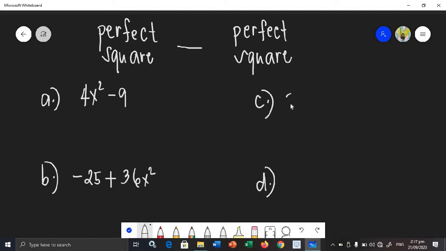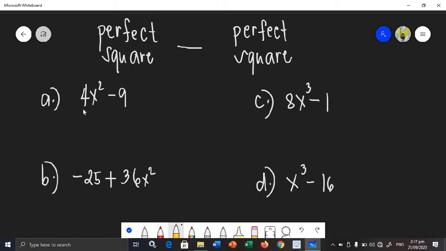The third one is 8x to the third power, or x cubed, minus 1. And the last one is x cubed minus 16. So we will identify which among these given is a difference of two squares. So let's examine example A here.